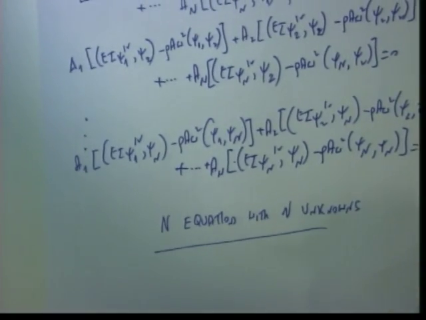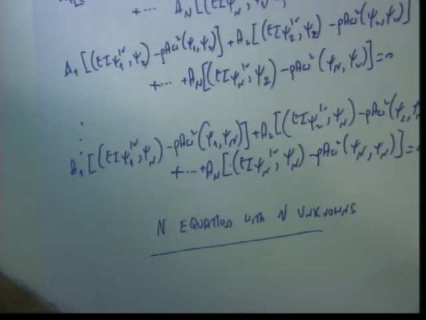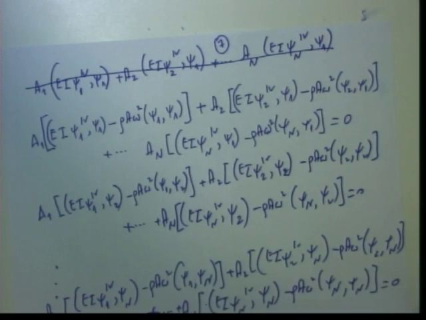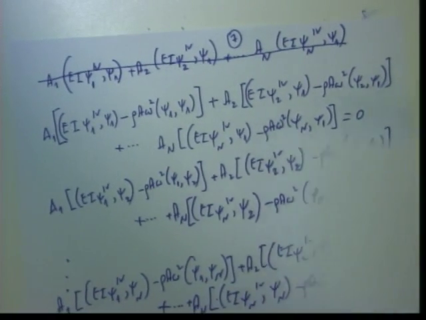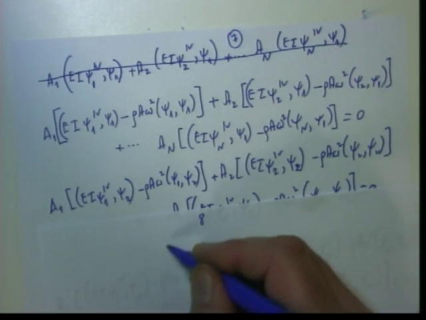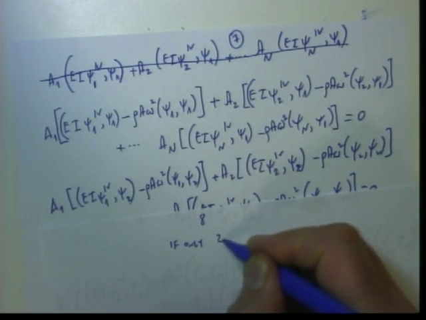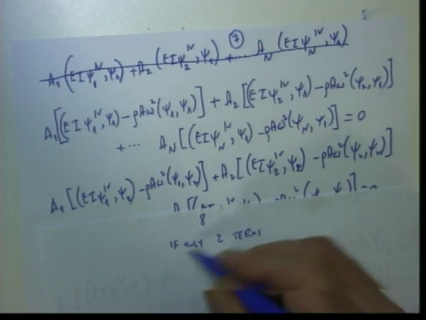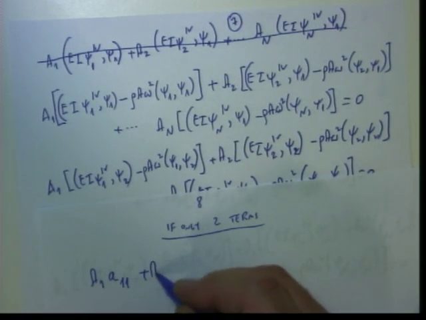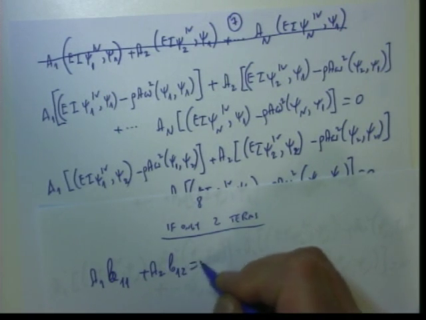So, for example, in case of just two terms, then we demand, look please, did you write this? So imagine we have two terms only. So we get, look, A1, let us call it B11, plus A2 B12 equals 0.